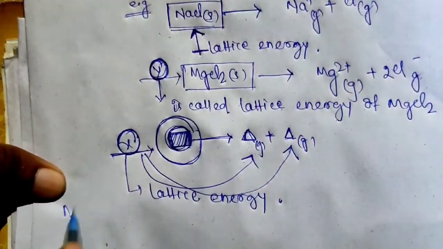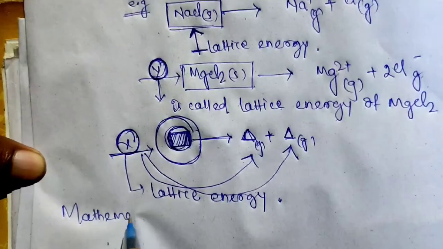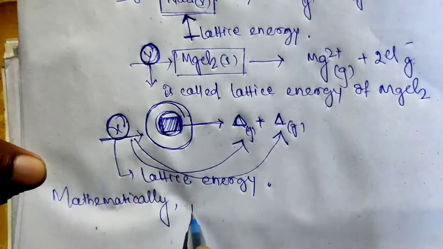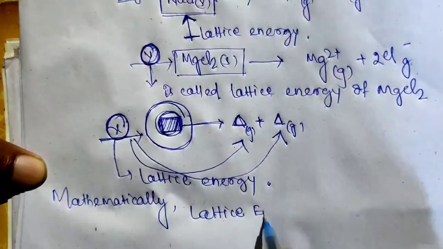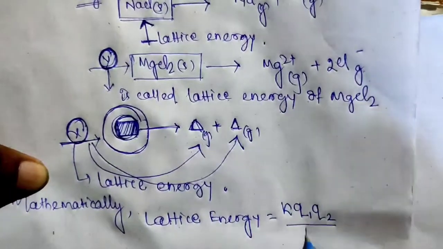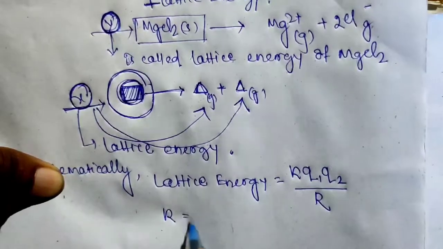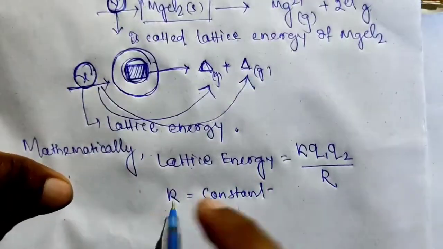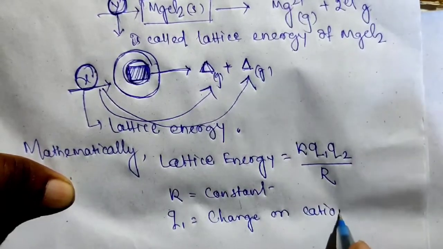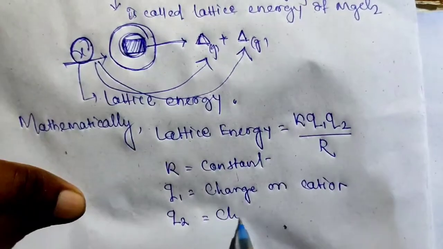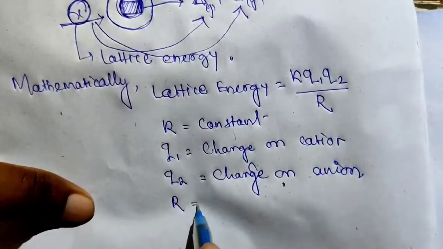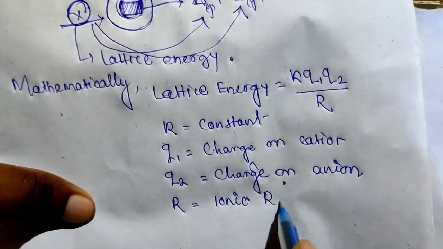Okay, mathematically lattice energy is equal to K into Q1 Q2 divided by R, where K is constant, Q1 is charge on cation, Q2 is charge on anion, and R is ionic radius.